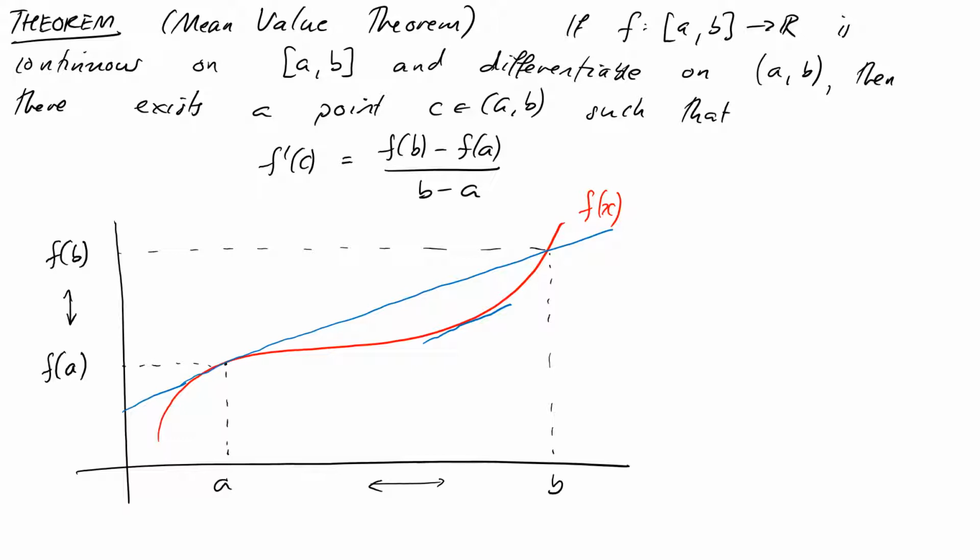Okay, so you can see that it's kind of like a warped version of our Rolle's theorem picture. We draw a straight line connecting the 2 endpoints up, and we have to find a point on our function where the derivative is the same as the derivative of that straight line, or the slopes are the same thing.